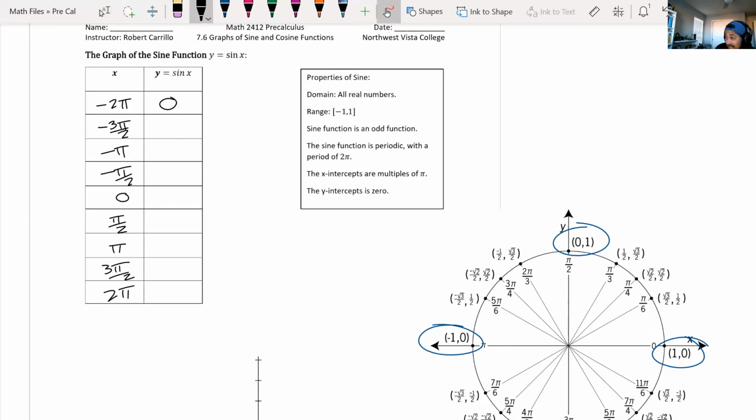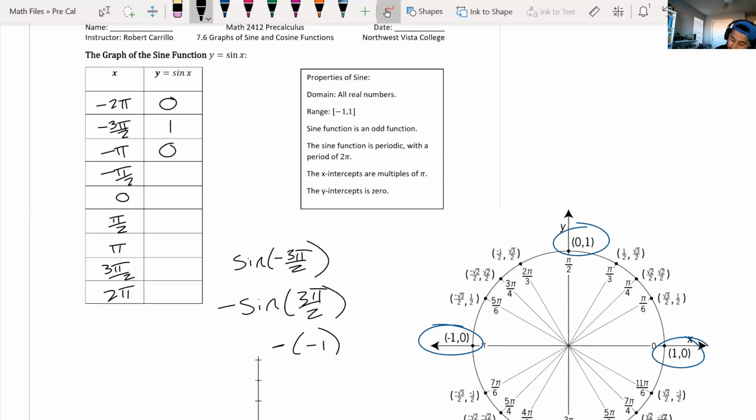The sine of -3 pi over 2, remember that sine is odd, so we can rewrite it as the negative sine of 3 pi over 2, which means you'll get -1 times -1, which means the sine at -3 pi over 2 is a positive 1. And then the sine at -pi will be 0. Sine at -pi over 2 will be -1.